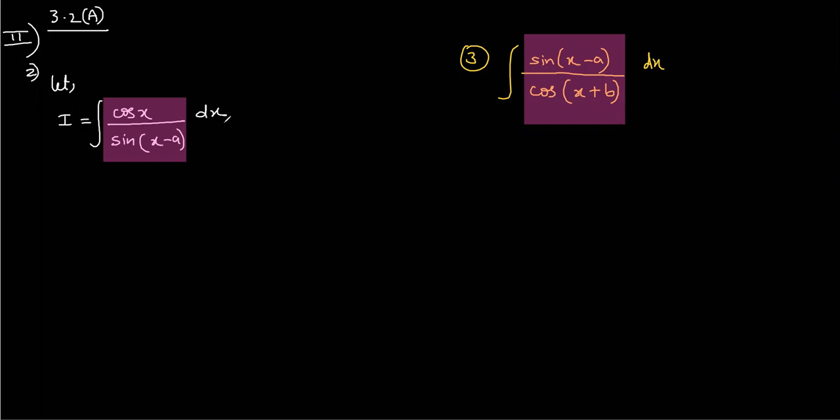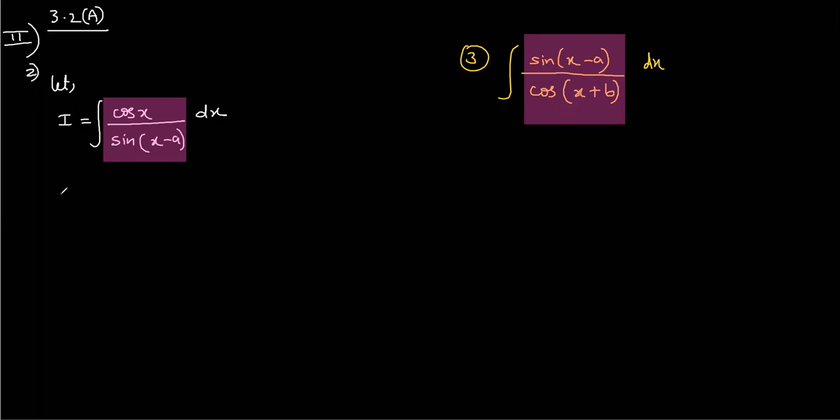You can have various such problems where the numerator and denominator are sine and cos. Now I tell you the method which we are going to apply to solve these two problems.